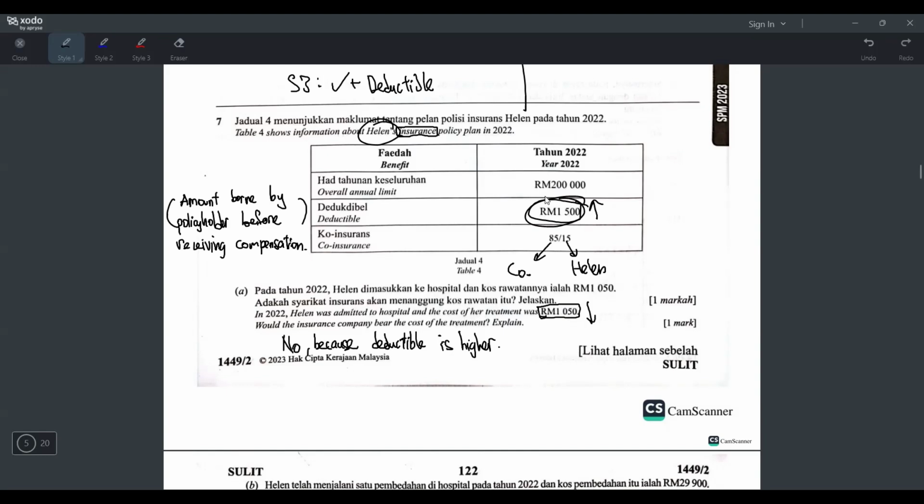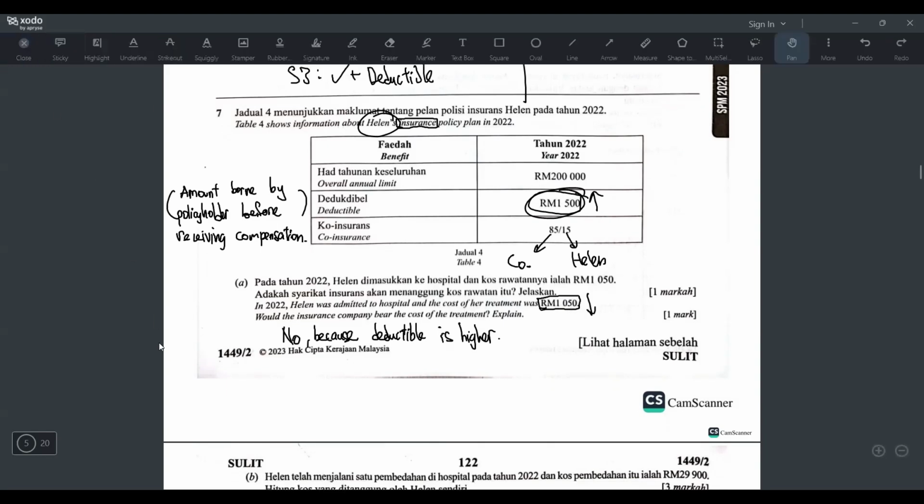Then why are you asking for help? Because your cost is lower. You understand, right? So this is the amount that you said you can bear yourself. So when your treatment cost is lower than this amount, you pay yourself everything. That's the meaning. Okay, done.